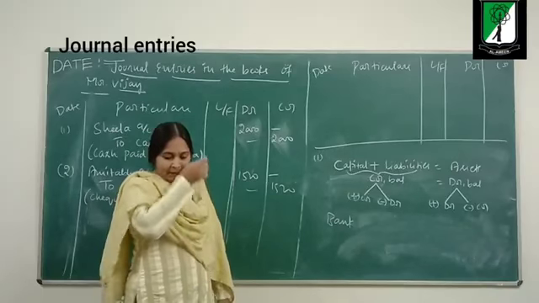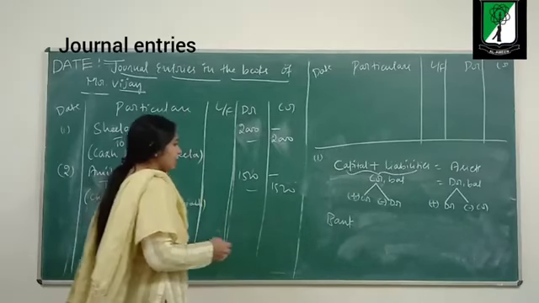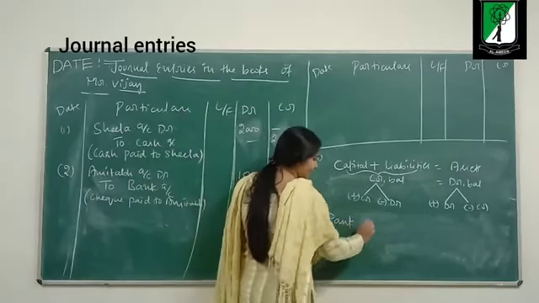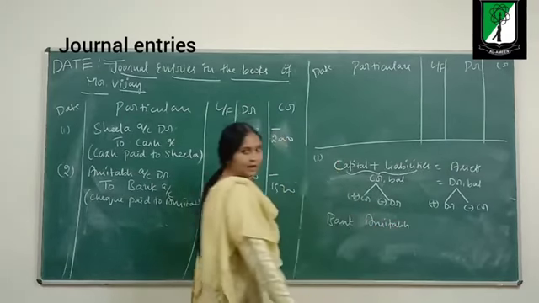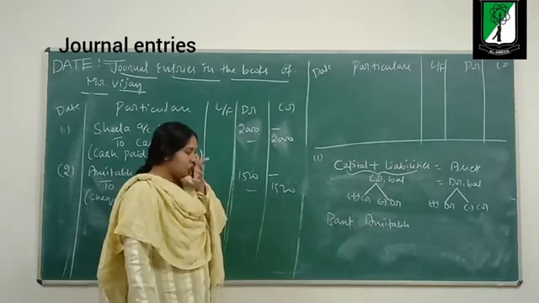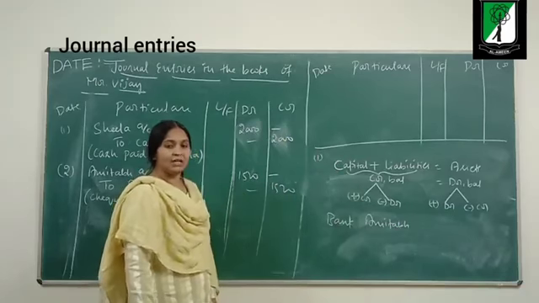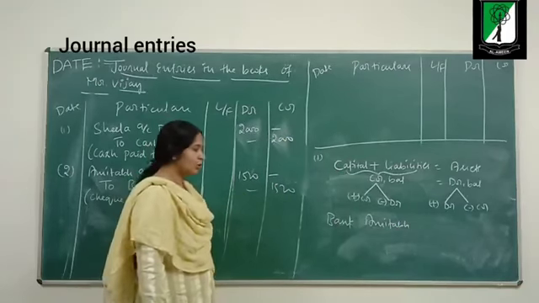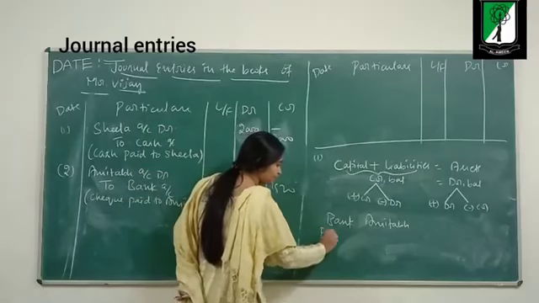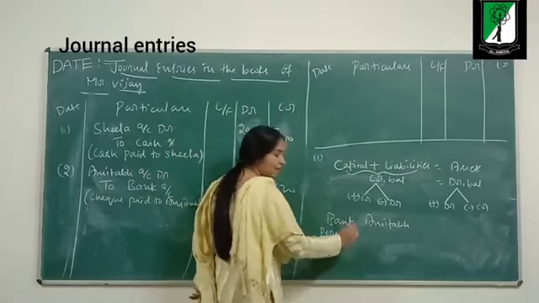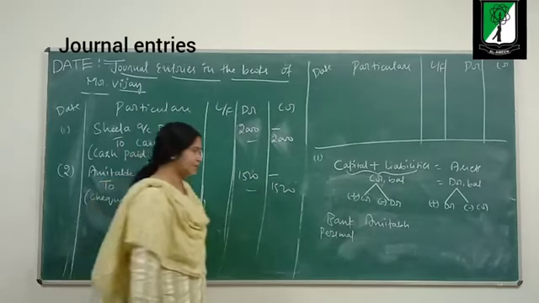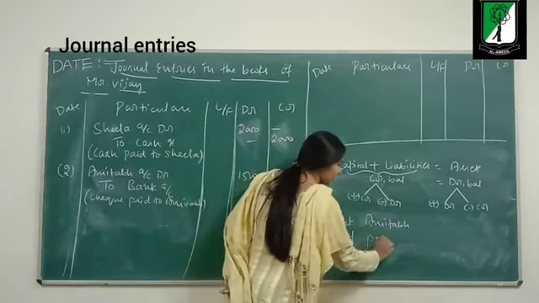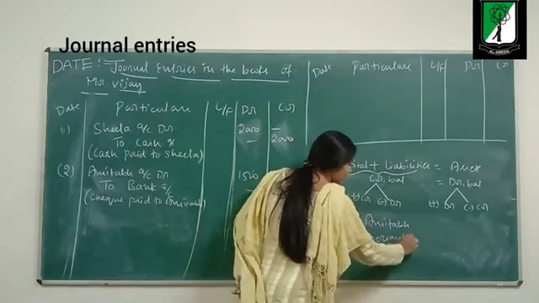Which are the accounts involved? Amitabh and bank. Bank is an artificial person. Amitabh is a natural person. Which account rule? Personal account rule you have to follow.